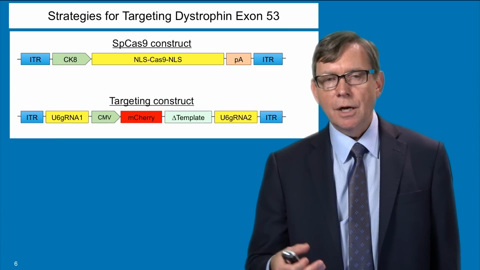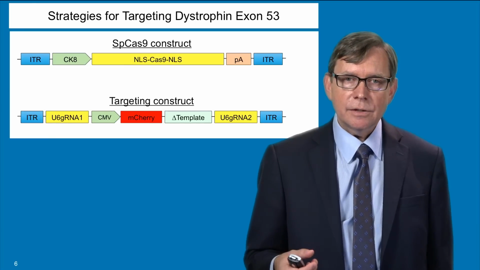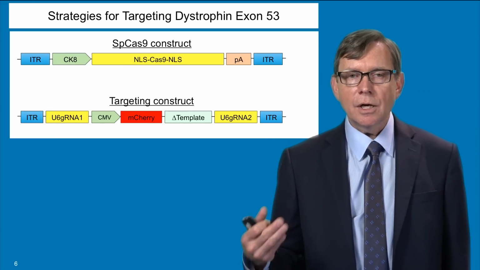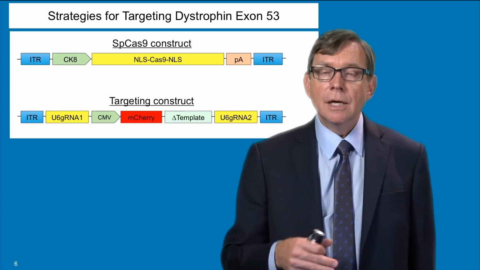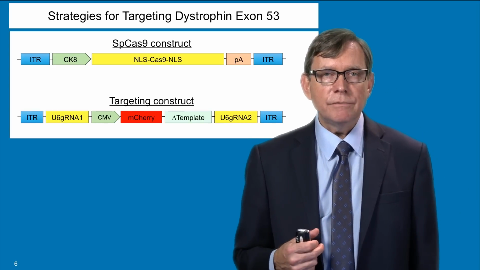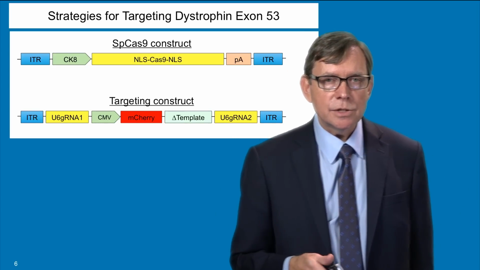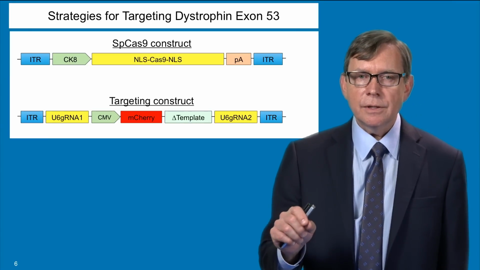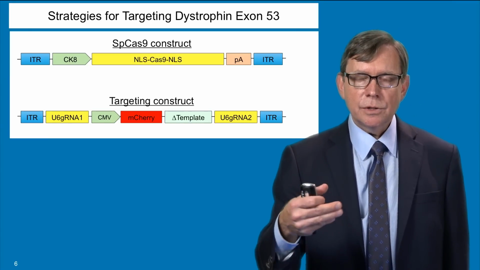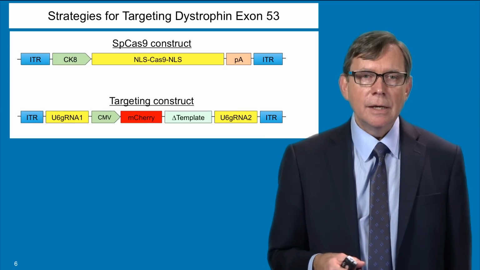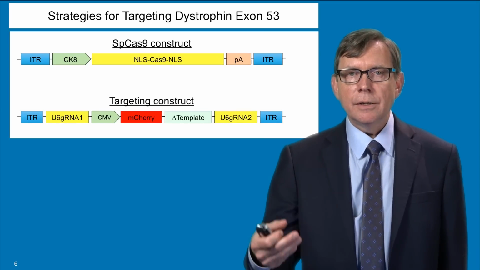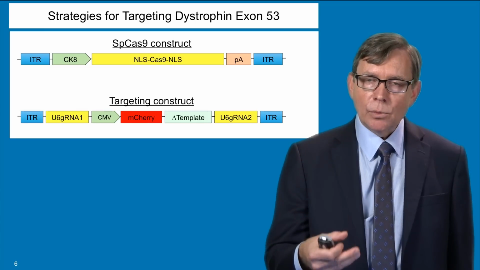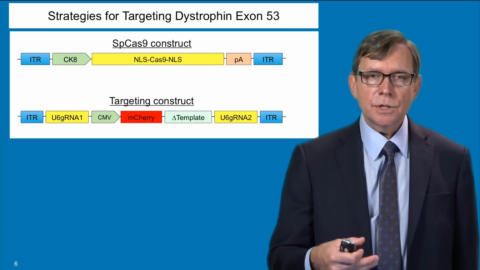At the bottom of the slide is the second AAV vector, which is encoding a targeting construct. In this case, we've put a couple of different things into this vector to make the experiment a little easier to follow and to analyze the results of what we've done. We've introduced two different guide RNAs, indicated here with the gRNA, and those guide RNAs are produced off a small gene regulatory element known as the U6 promoter.